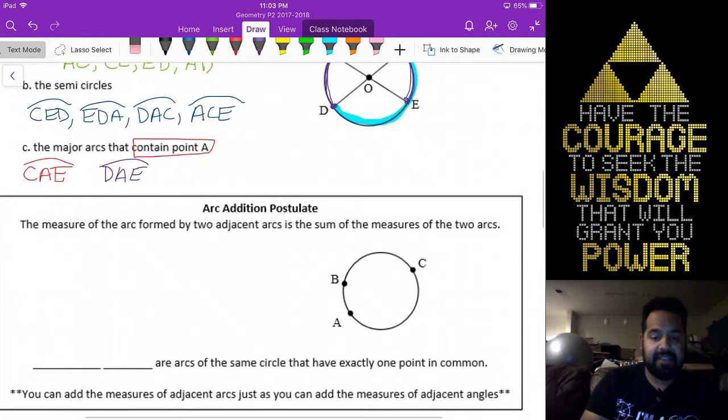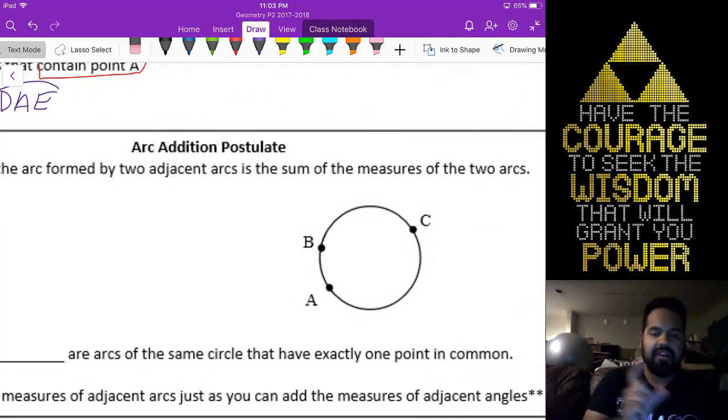Now, the next theorem on our list of many theorems is the arc addition postulate. If I have two arcs that are adjacent to each other, I can always add them together and create a new angle. It doesn't have to be a right angle, it doesn't have to be a semicircle. It doesn't have to be anything special.